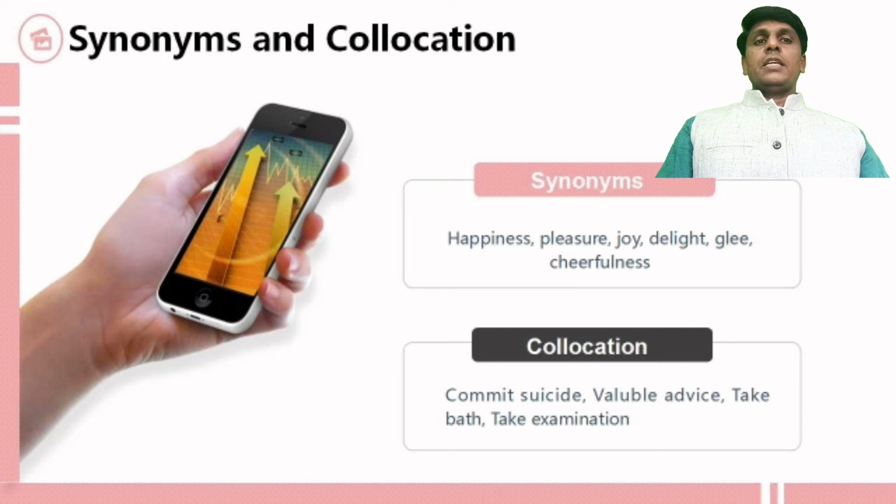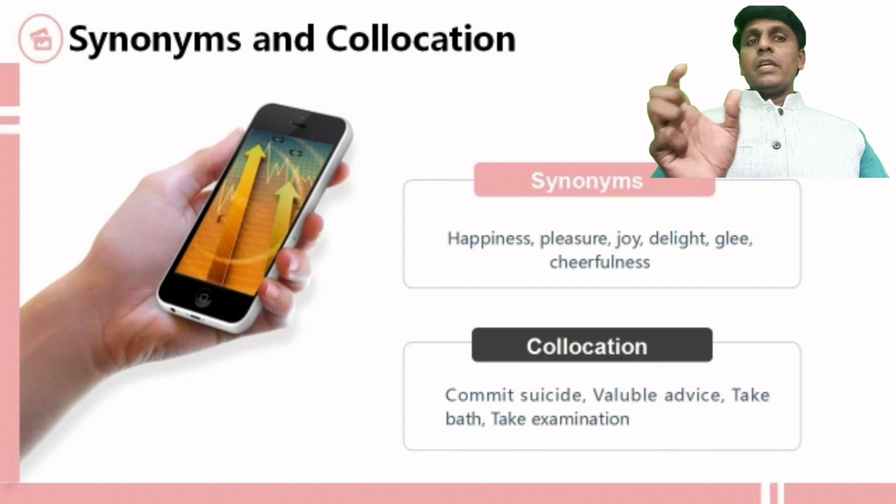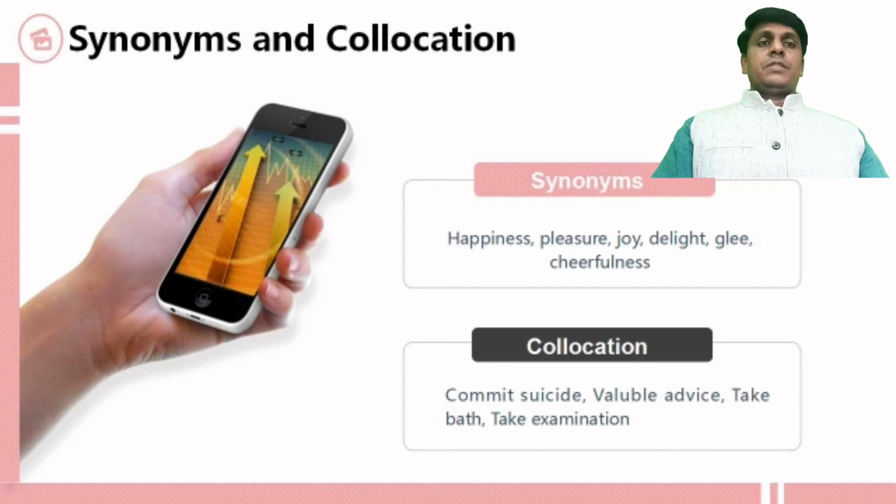The idea is I can increase my vocabulary, or I can know my words, when I understand the similarity and differences between two words among many words. Somewhere these words are similar in meaning, but there is a difference.